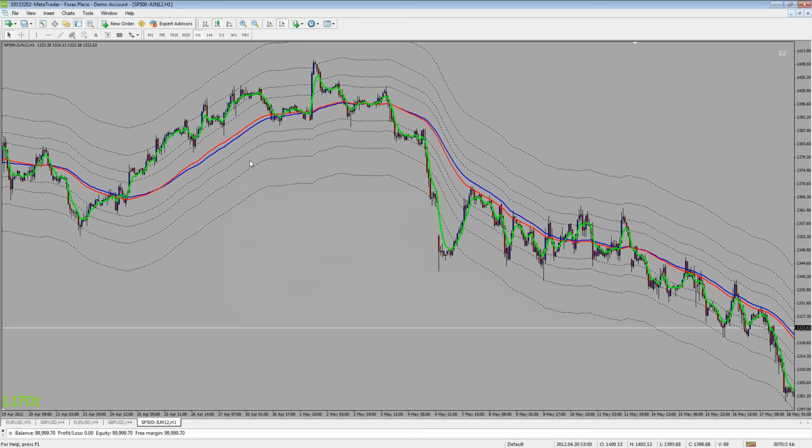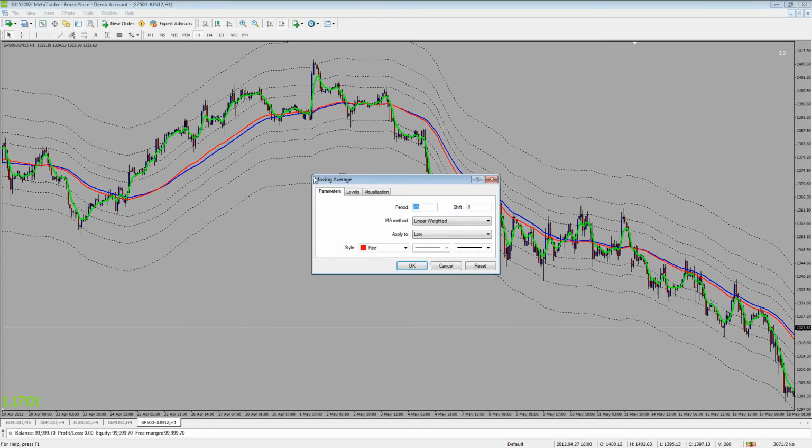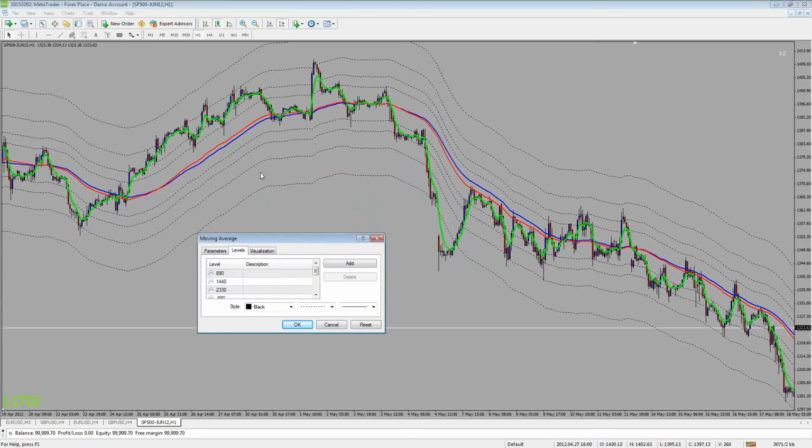So what are these black dashed lines? If you double click the 75 moving average, I remind you it's a 75 linear weighted applied to low moving average, and you go to levels, what you can do here is add Fibonacci levels.